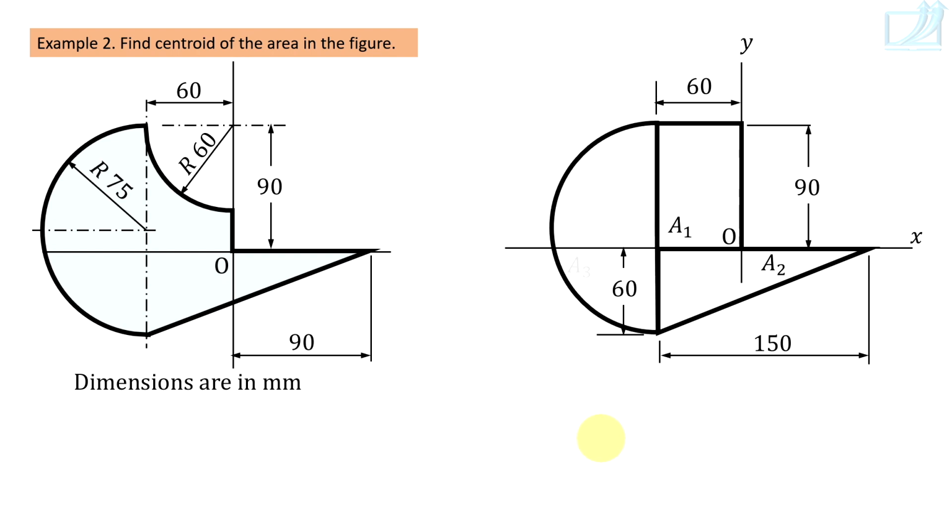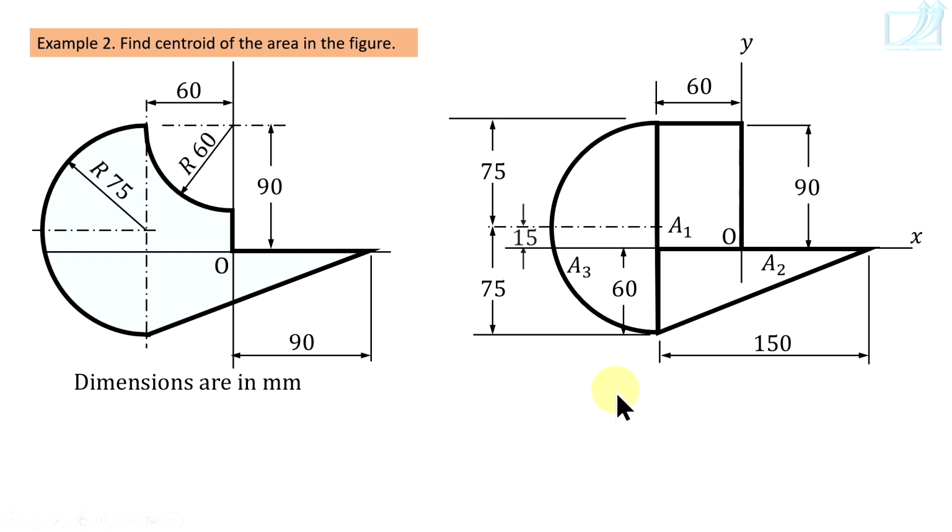Now the third area is the semicircle. Whenever you draw a semicircle, draw its axis of symmetry. That's important. And insert the radius. It's a better way to insert the radius along the straight edge of the semicircle. So I am inserting this way, parallel to the straight edge, 75 and 75. By inserting the radius along corresponding straight edges, the radius of a semicircle, quarter circle and sectors, it helps you to identify coordinates of different centers.